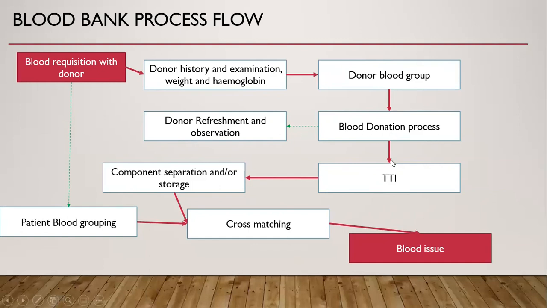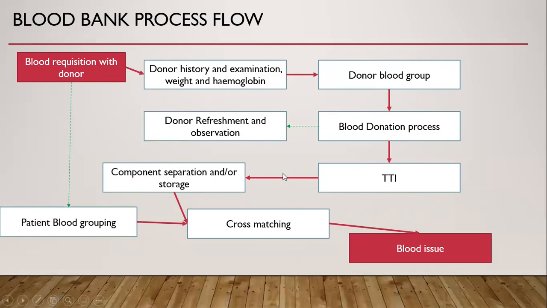The donated blood is checked for transfusion transmitted infections. Then various components are prepared and stored. The blood sample of the patient is also grouped. The blood sample of the patient and the stored blood units are cross-matched. If they are matching, then blood is issued. So this is the flow diagram of the blood bank.